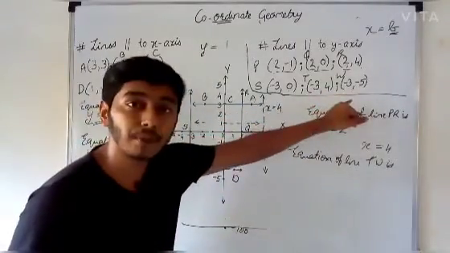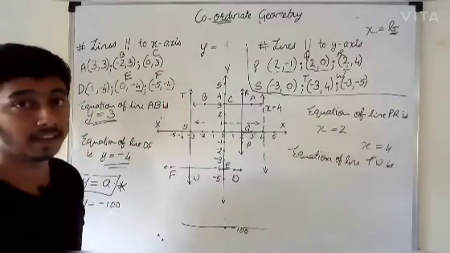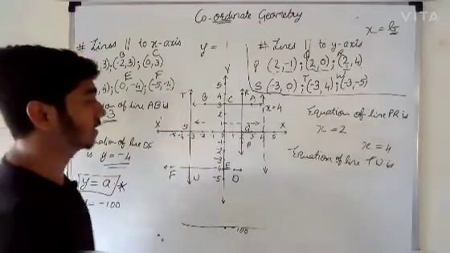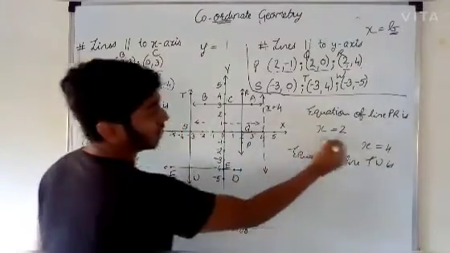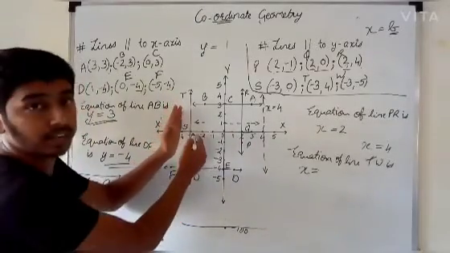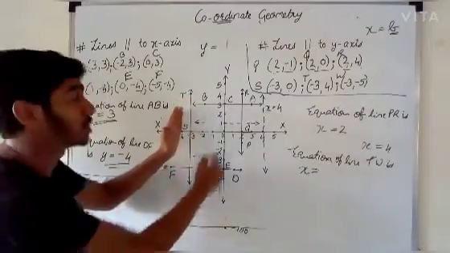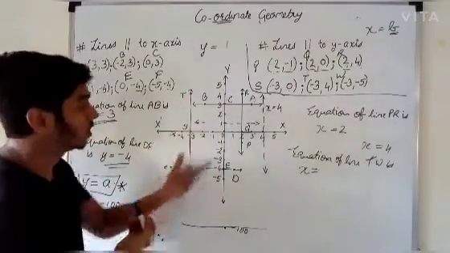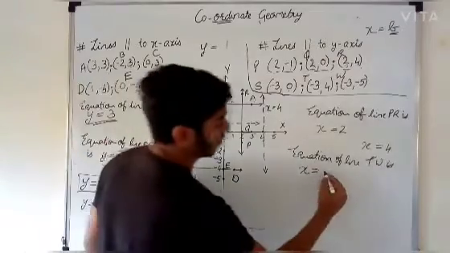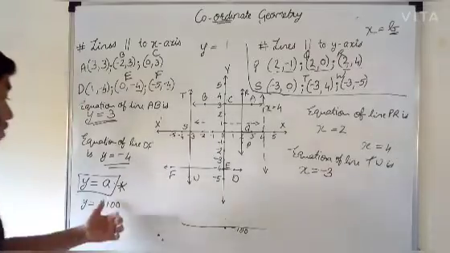By plotting these 3 points, you are getting a line which is parallel to y-axis. Correct? So if you are getting a line which is parallel to y-axis, same way, if you have just the X coordinate, you'll be able to find a line which is parallel to the y-axis. So that means X equal to -3 in this case. Correct? So I hope you have understood this.